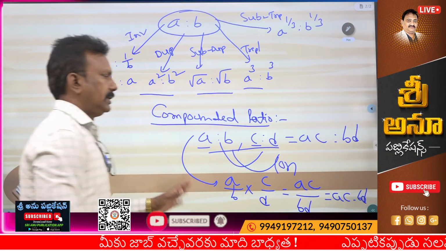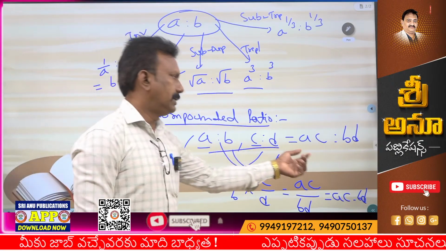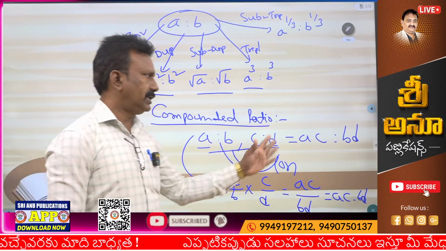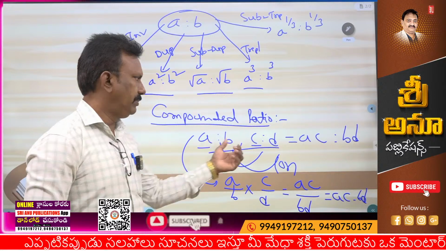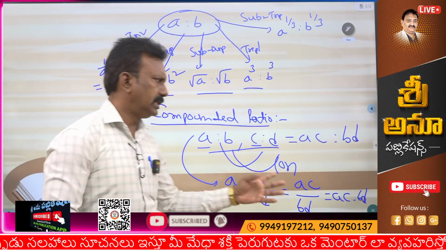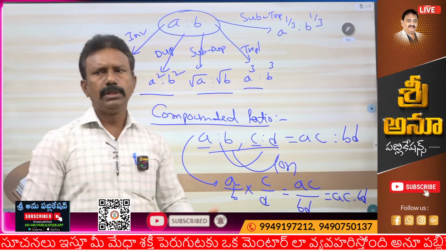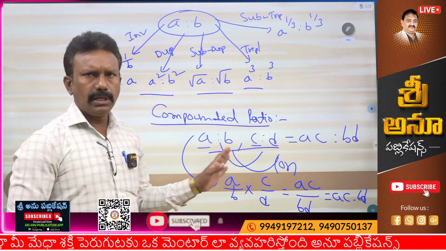It can be written in two ways: the product of first terms is to the product of second terms is called a compound ratio, or the continuous multiplication of a list of given ratios, either minimum two or more than two, is called a compounded ratio.